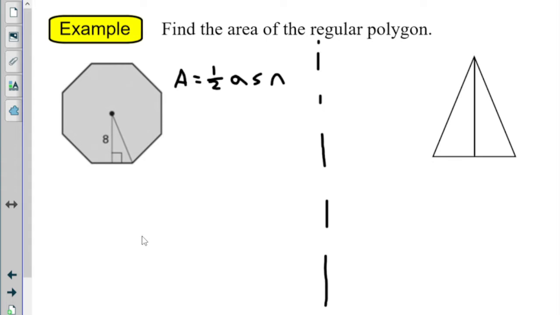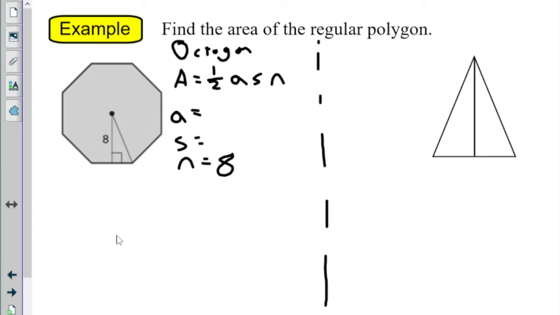Well, we know already what kind of shape it is. What shape is it? It's an octagon. So since it's an octagon, that means it has how many sides? 8 of them.